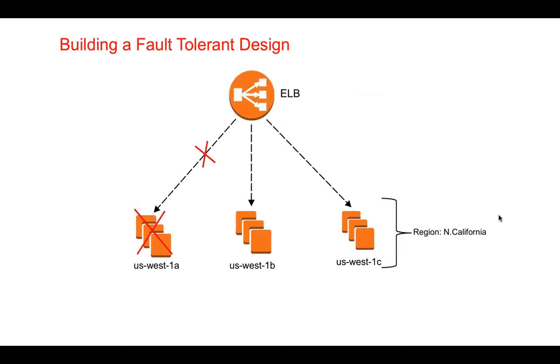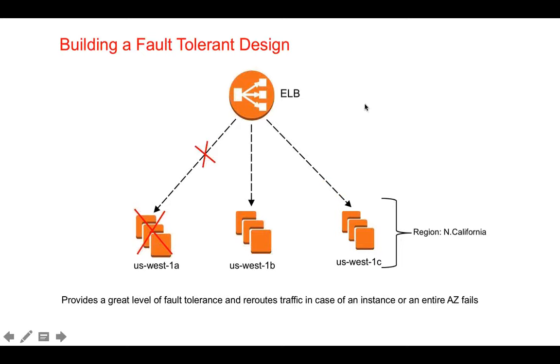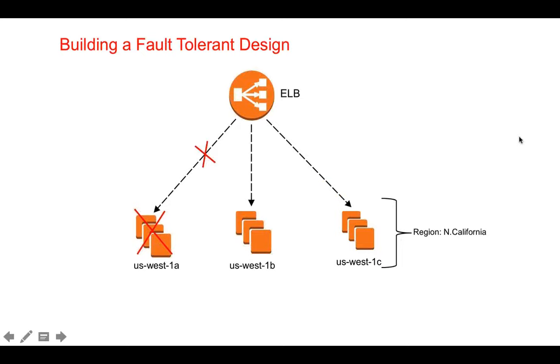Now let's see a higher overview of the load balancer. A load balancer helps you to build a fault-tolerant design. How? Let's see this diagram as an example. Over here, you have this load balancer, and this load balancer is redistributing the traffic to all the instances.